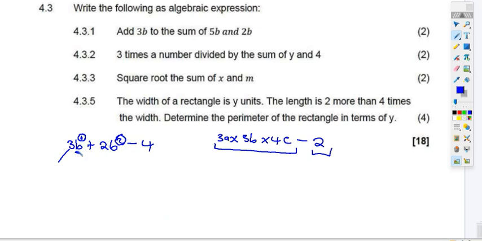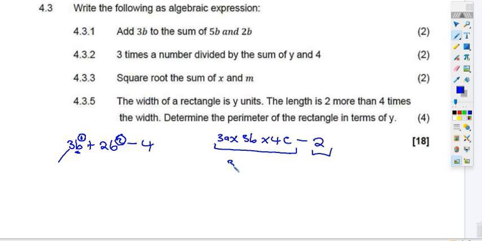So we cannot add these two, even if we know that when two terms have the same variable, we can add or subtract them. But these two we cannot add because they have different exponents. The first variable is b raised to 1, the second one is b raised to 2.